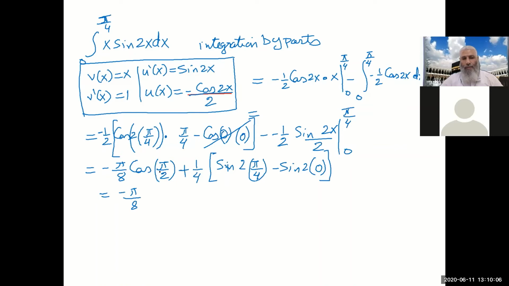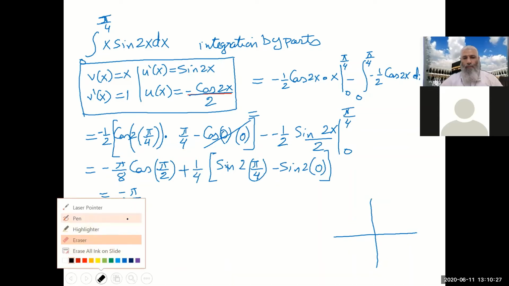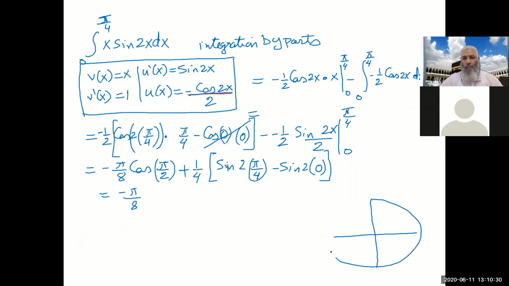What is cosine 90? Pi over 2 is 90. If you remember, we said that the cosine of the angle is the x coordinate and the sine of the angle is the y coordinate.